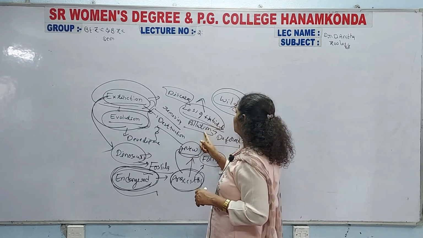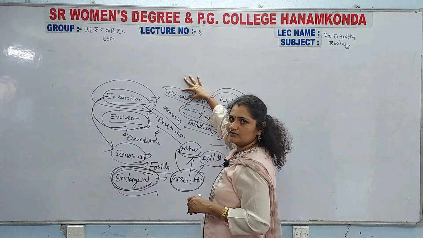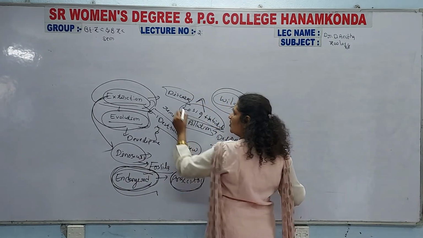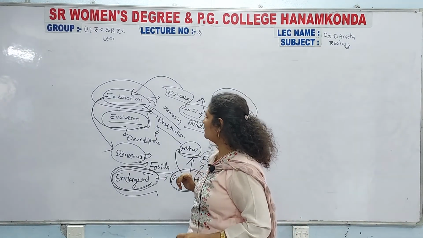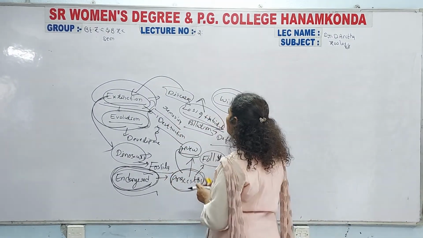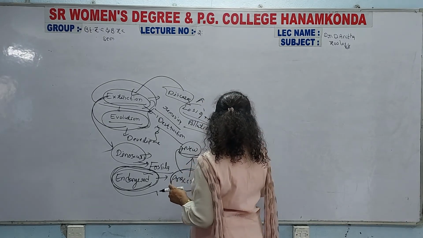That is also one of the causes. Most organisms also die due to diseases, which also leads to the extinction pattern. That may cause a great impact on evolution. So that topic is completed today.